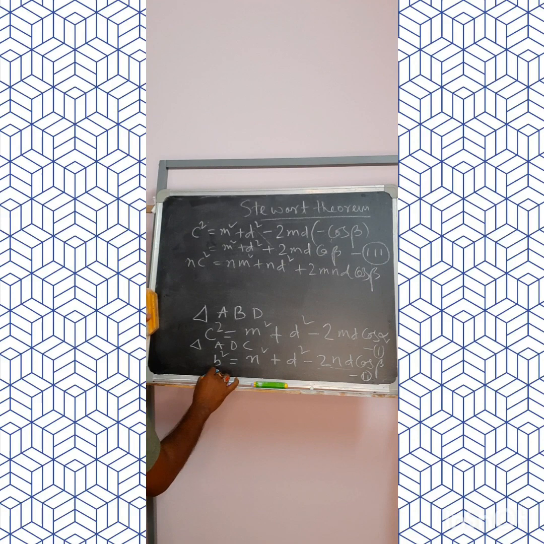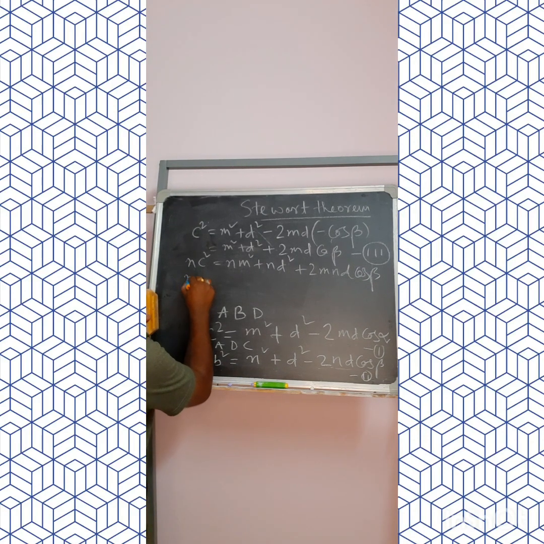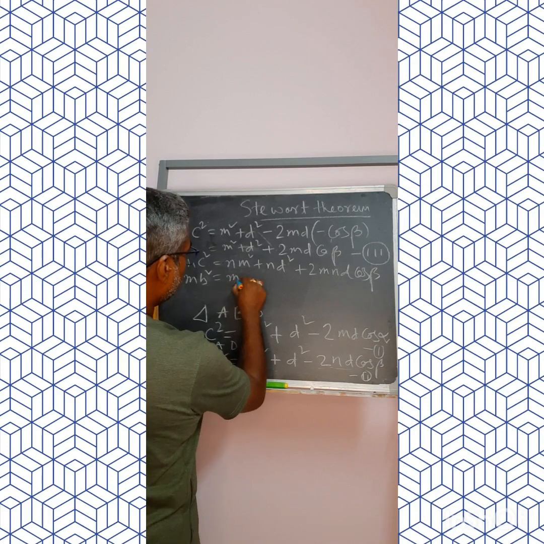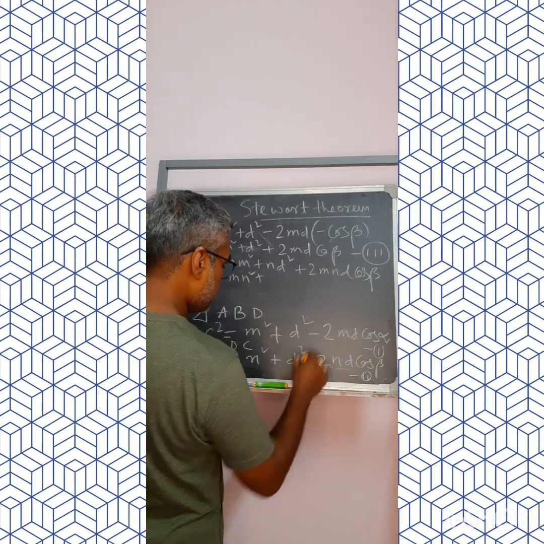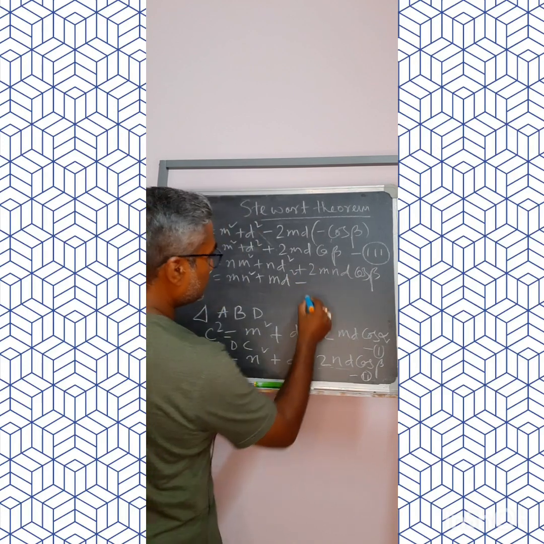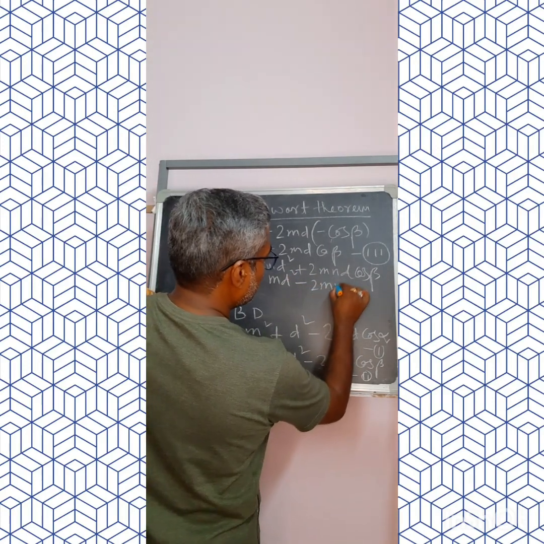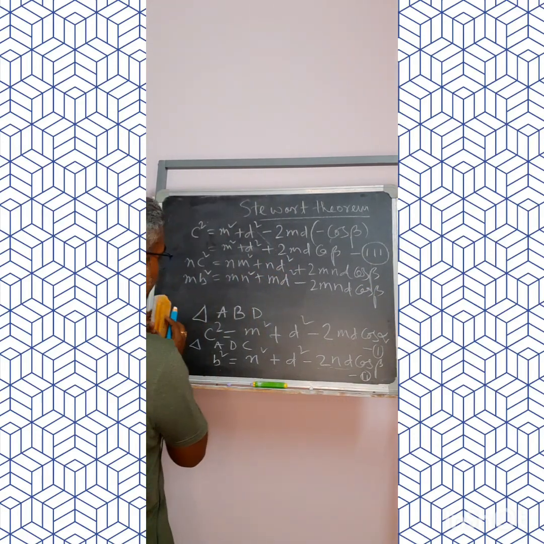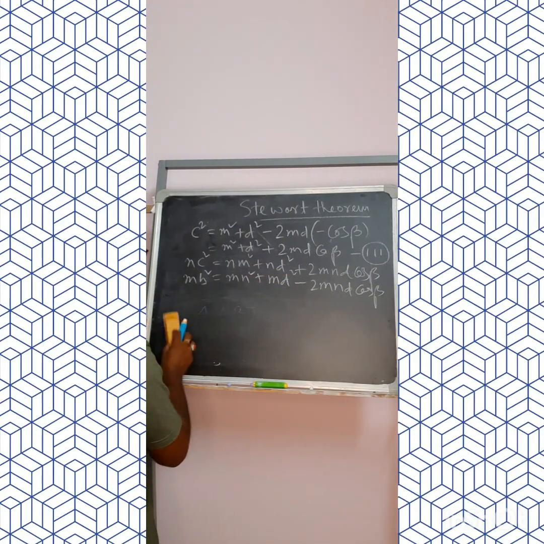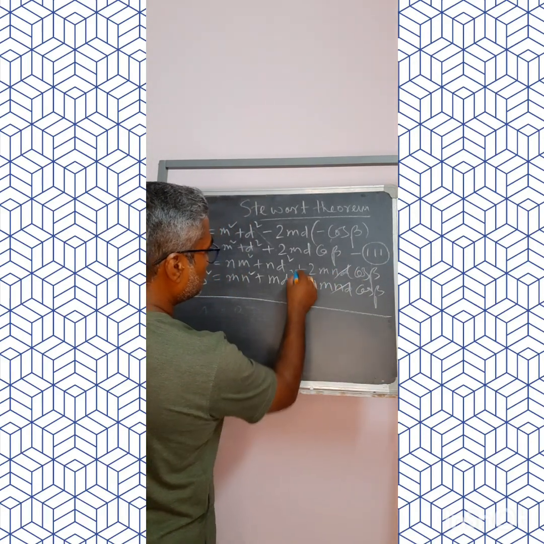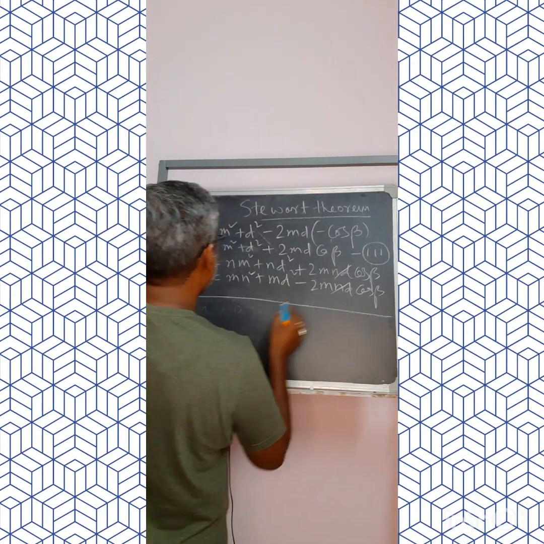And here if I multiply with m, this will give m b square equals m n square plus m d square minus 2mnd cos beta. Now I will sum up these equations. Because both are the same, the opposite signs will nullify the value.